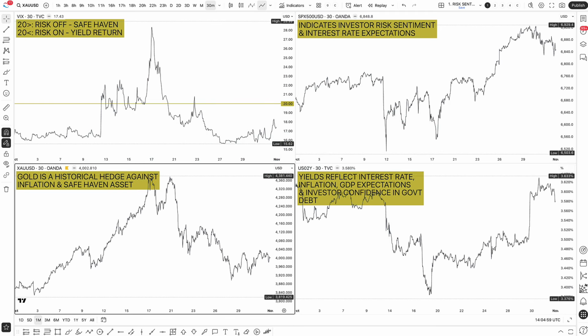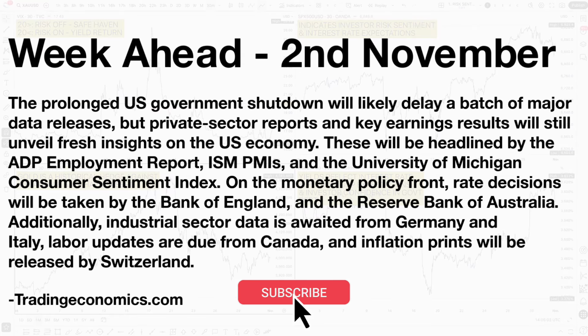Getting into the week ahead, and this is from Trading Economics, it says the prolonged US government shutdown will likely delay a batch of major data releases, but private sector reports and key earnings results will still unveil fresh insights on the US economy. These will be headlined by the ADP employment report, ISM PMIs, and the University of Michigan Consumer Sentiment Index.